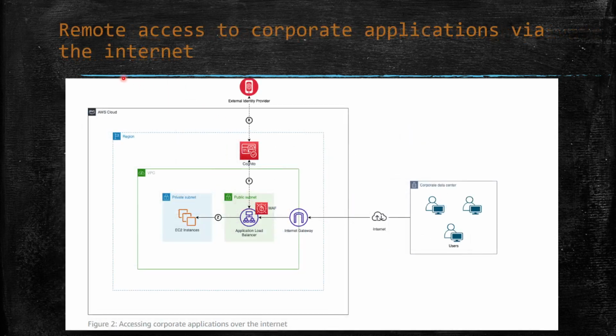The other approach for remote access to your corporate application is via the internet, right? So you have your application, you have your application load balancer, you have your WAF, which is protecting at the web application layer. And on top of your application load balancer, you have Cognito for authentication and authorization. So this is published over the internet, and any user wants to connect to the corporate data center, right?